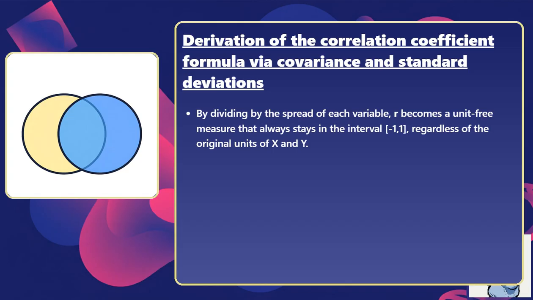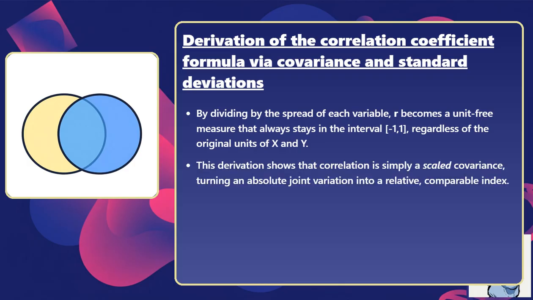By dividing by the spread of each variable, R becomes a unit-free measure that always stays in the interval -1 to 1, regardless of the original units of x and y. This derivation shows that correlation is simply a scaled covariance, turning an absolute joint variation into a relative comparable index.